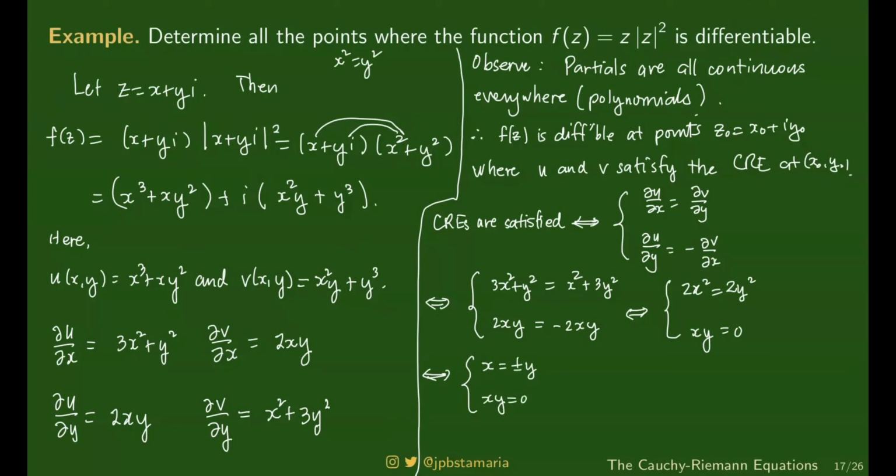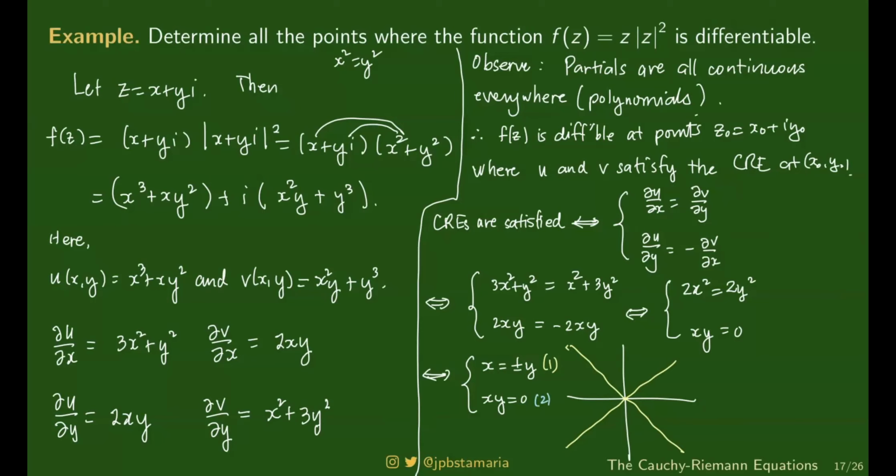Okay. Ano-ano yung mga xy na nakakasatisfy dito? Kung i-observe nyo itong mabuti, yung unang equation, anong graph niyan? Ito yung graph niyan eh, x is y, tsaka x is minus y. That's the first equation. Yung second equation mo naman, kapag xy is 0, dalawa lang ang true.